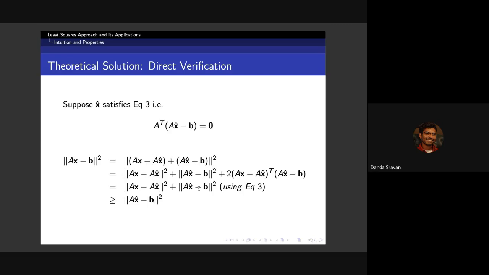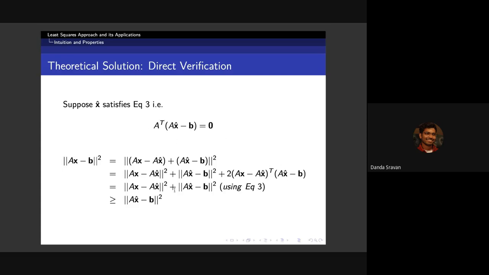This is norm u squared plus norm v squared plus u transpose v plus v transpose u. Both u transpose v and v transpose u are the same because these are scalars, and this cross term vanishes because of this particular equation.